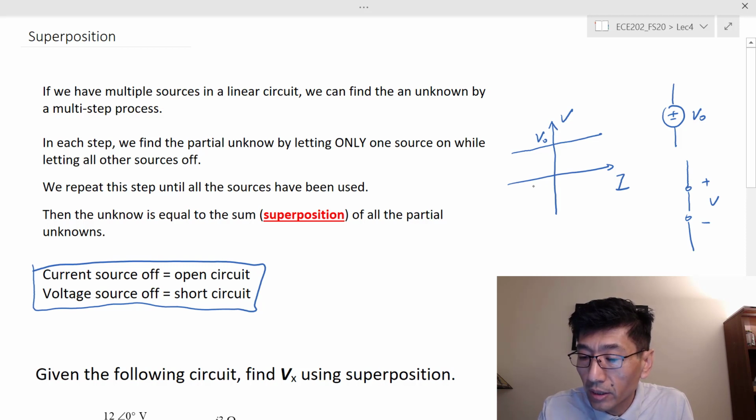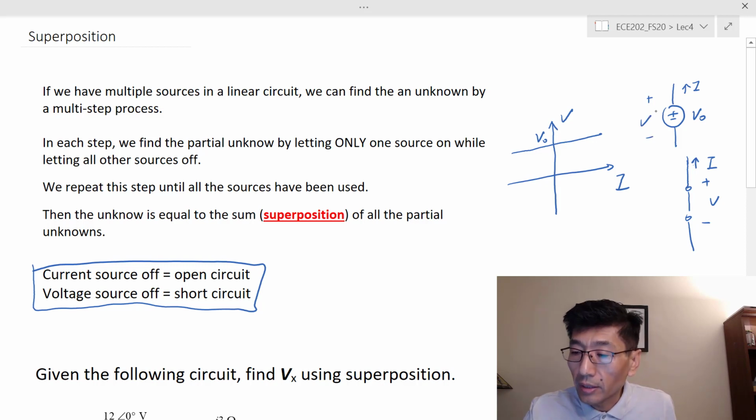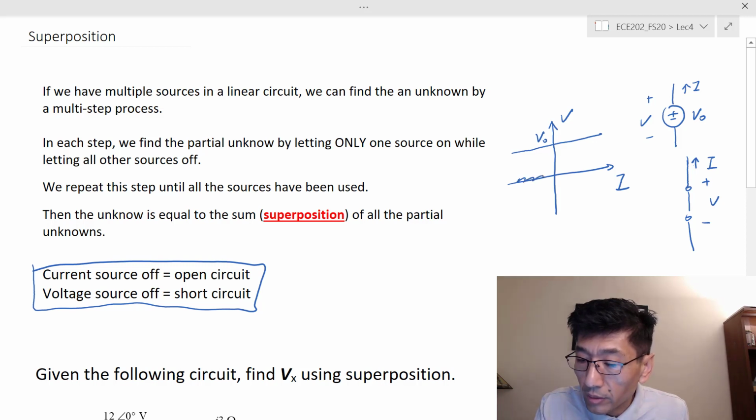In that case, I'm not using the passive sign convention here. This is the line for the short, with I on one axis and V on the other. The I for the short circuit lies on the horizontal axis, so the voltage is constant.